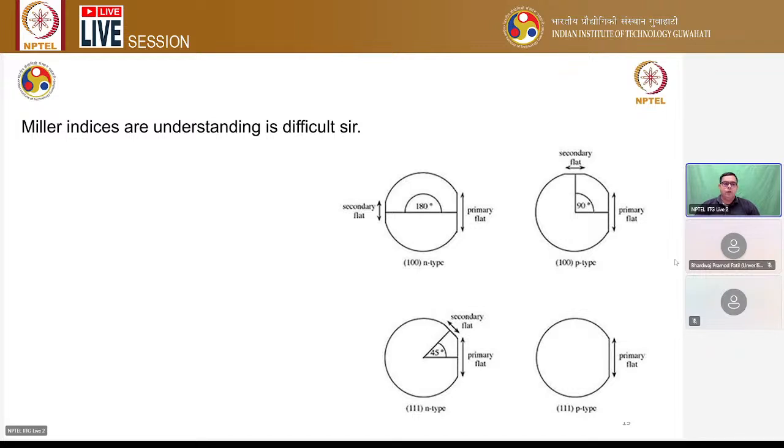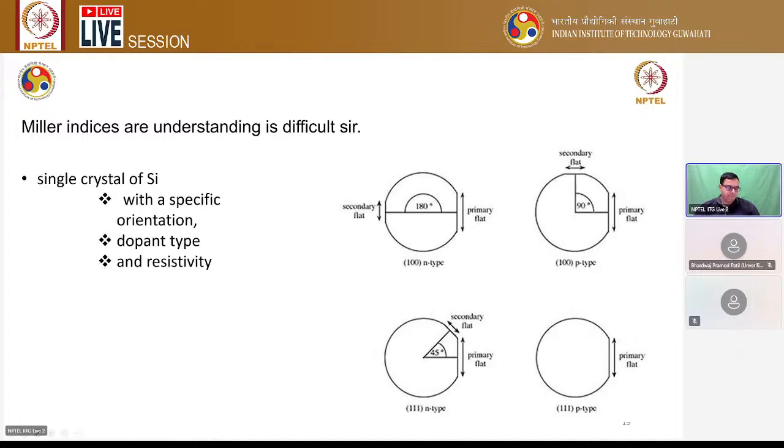Here only we talked about, I think, the Miller indices. So let us quickly see what Miller indices are. I hope that in today's class it will be clear to you what Miller indices is all about.